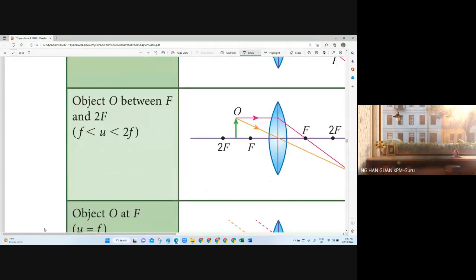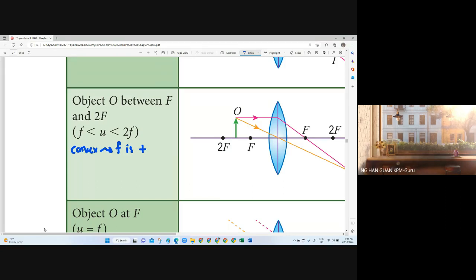Okay, object O between F and 2F. All right, so this is for a convex lens. For the convex, at least we know the f is positive, because convex we have the real focus. Okay, and then the object is between F and 2F.